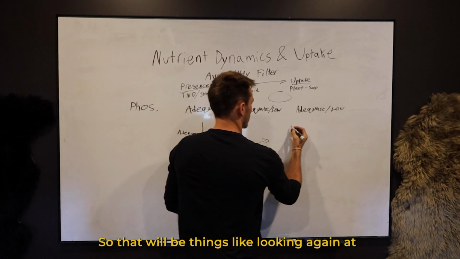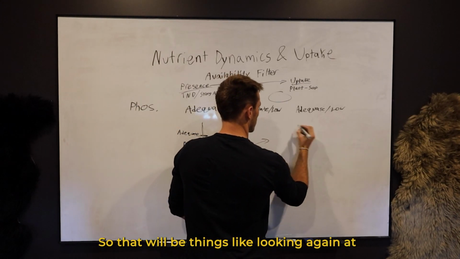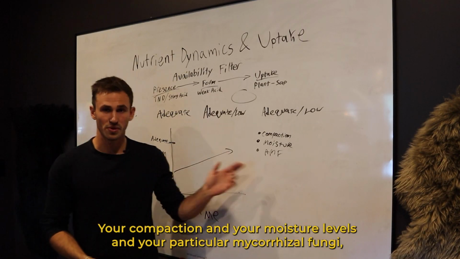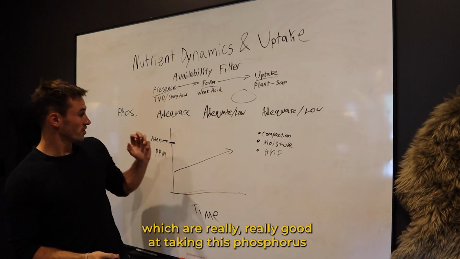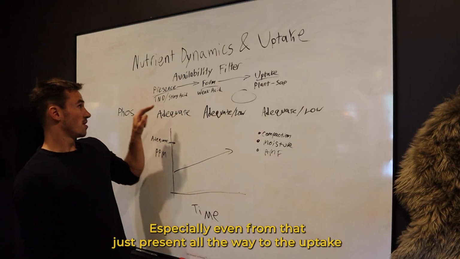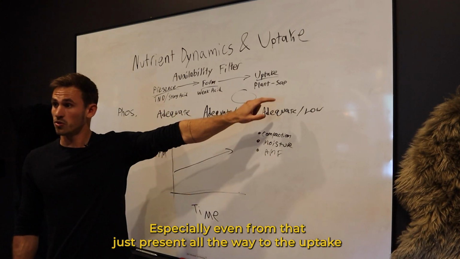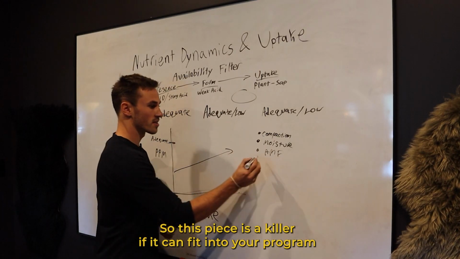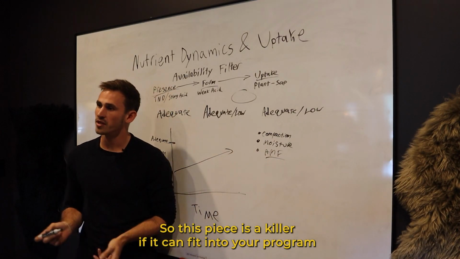So that will be things like looking again at your compaction and your moisture levels and your arbuscular mycorrhizal fungi, which are really, really good at taking this phosphorus, especially even from the just present all the way to the uptake. So this piece is a killer if it can fit into your program.